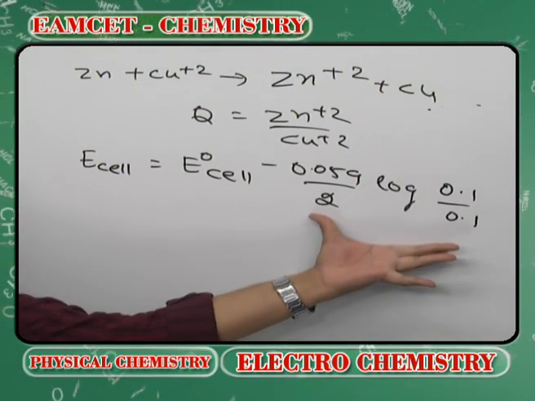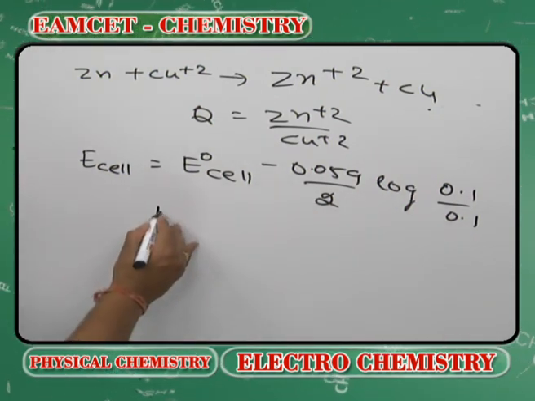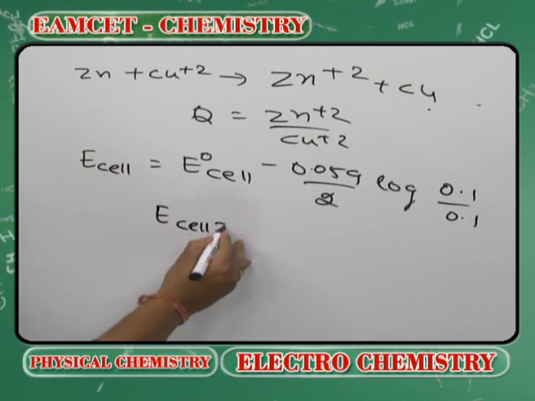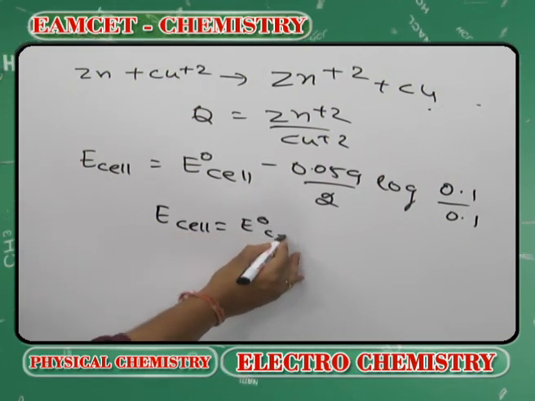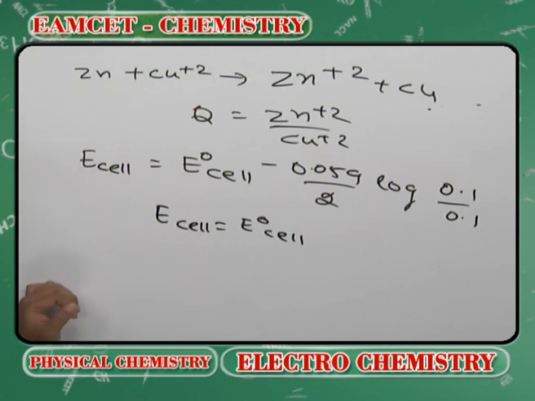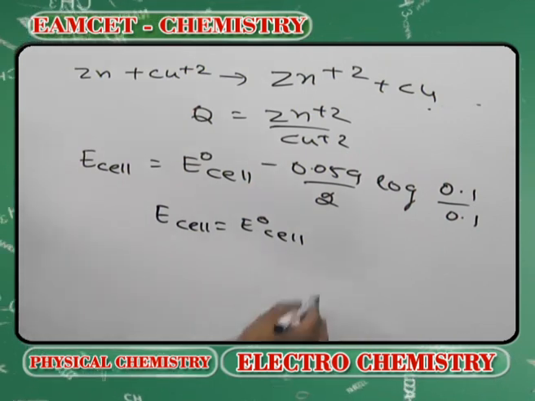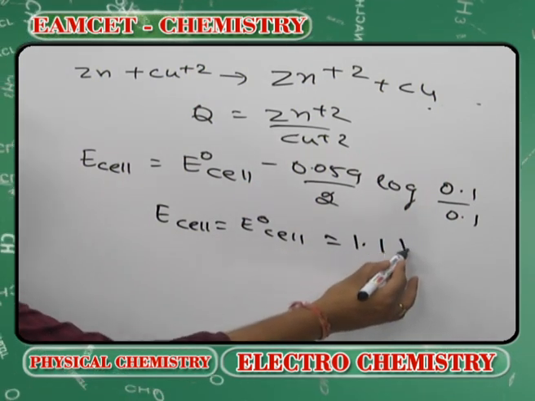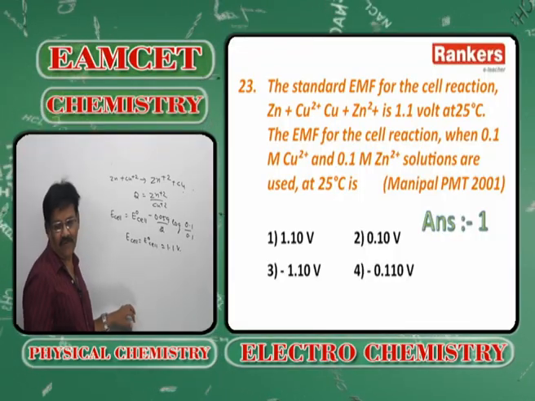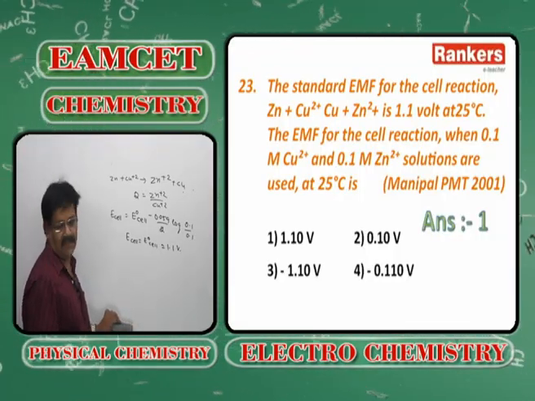This term becomes 0. Then E cell will be equal to the E naught of the cell, so that is 1.1 volts. Option 1 is the answer.